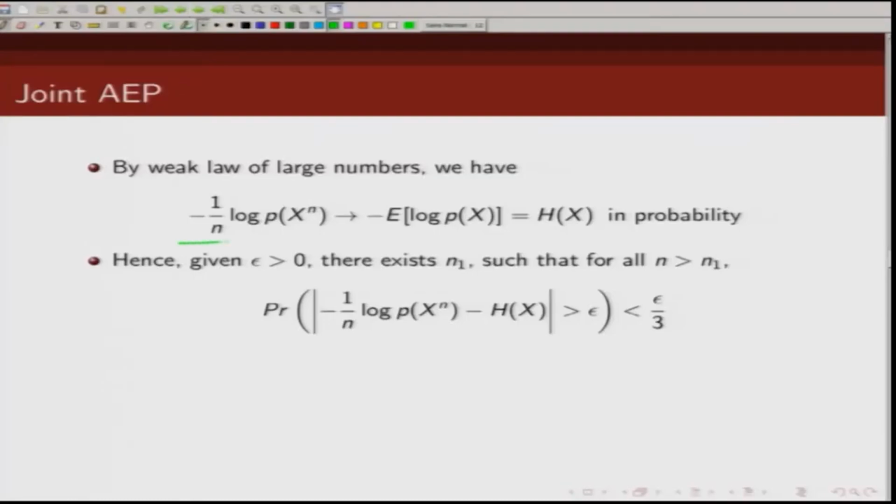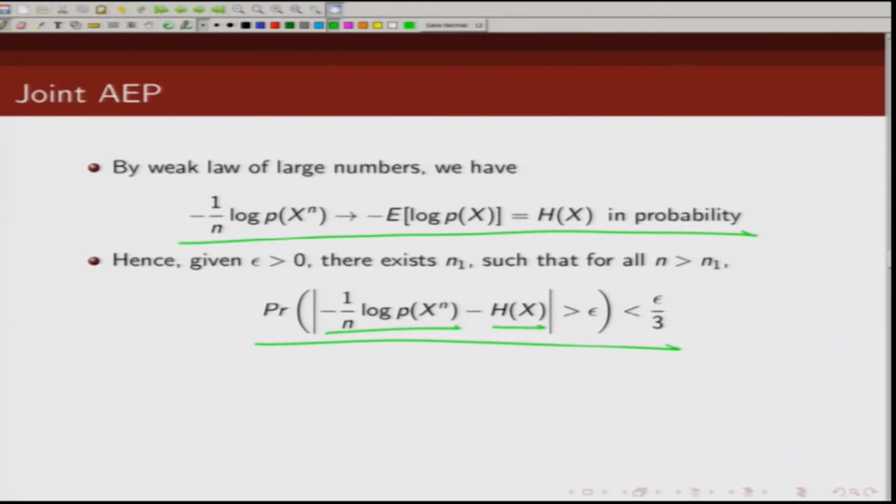Equivalently, I can write the same condition like this. The probability that the absolute difference between minus the expected log of p(x) and the true entropy is greater than epsilon is less than some small epsilon, let's call it epsilon dash 1 or something like that, which we are choosing as epsilon by 3.